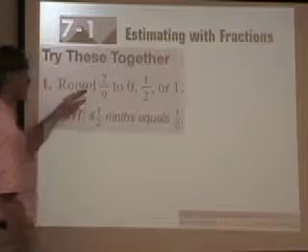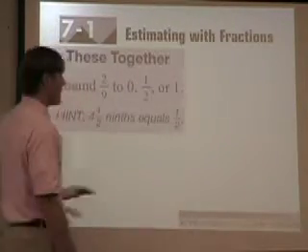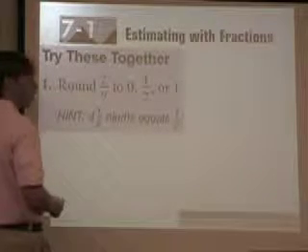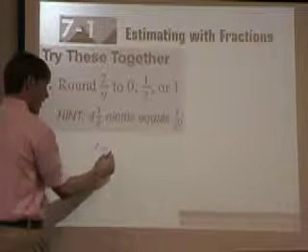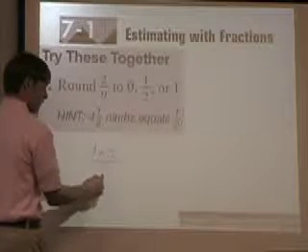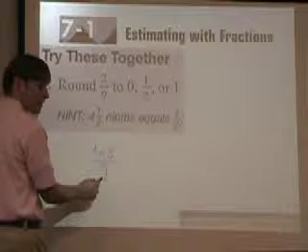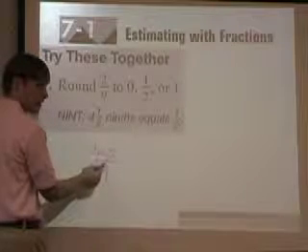It says round 2/9 to 0, 1/2, or 1. What would real half be for 2/9? It'd be like 4 or 5/9, because 4/9 is almost a half, and 5/9 is almost a half. Is 2/9 close to this?